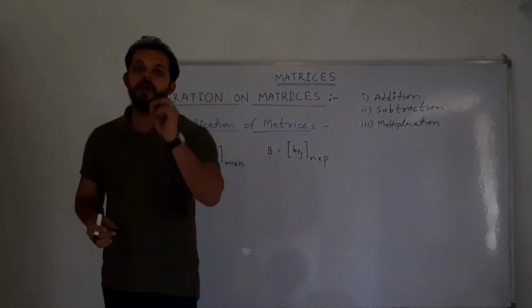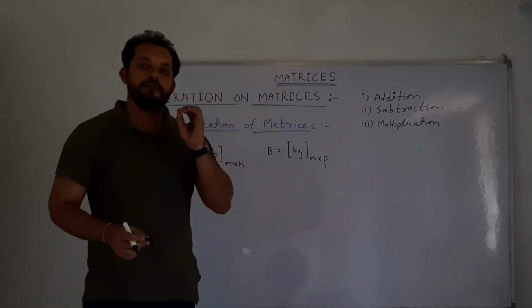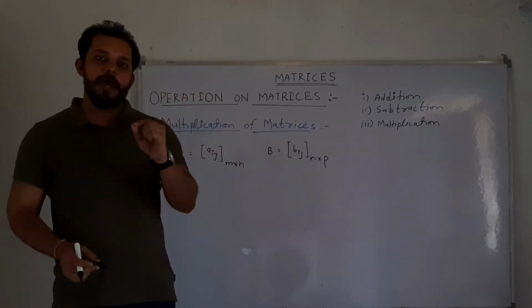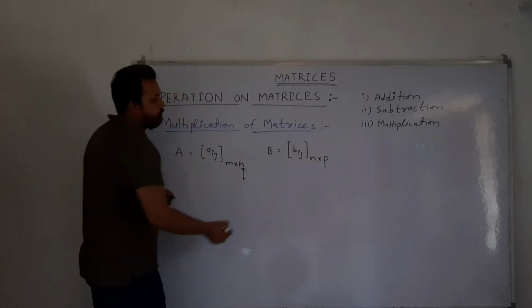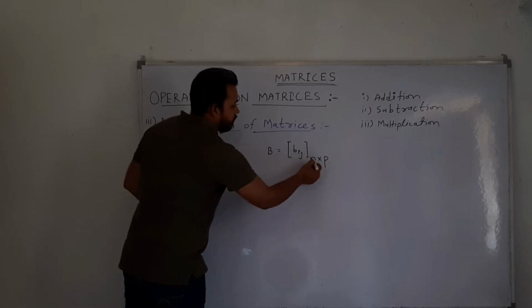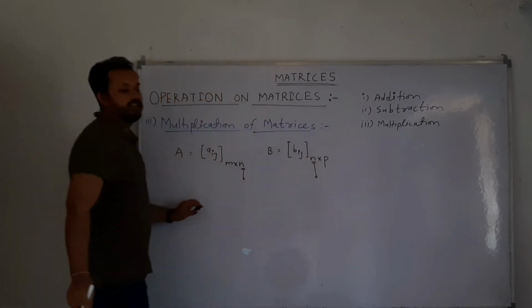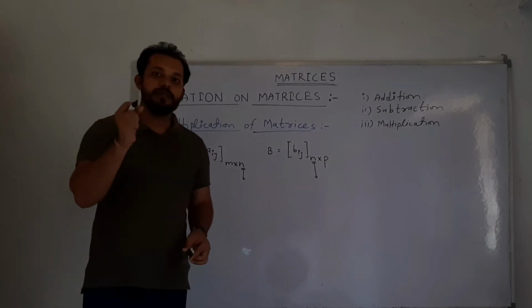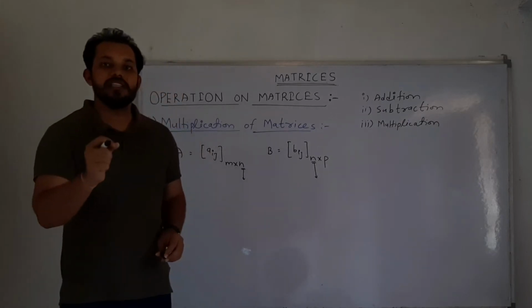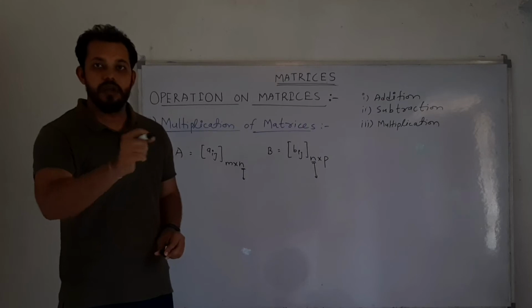To perform multiplication of two matrices, we have to check that the number of columns in the first matrix is equal to the number of rows in the second matrix. Only then can the multiplication of two matrices be possible.